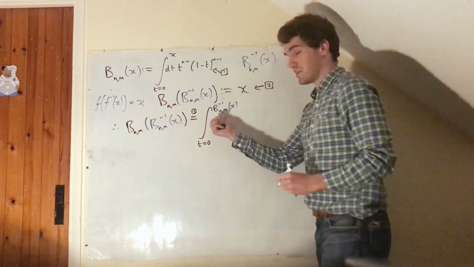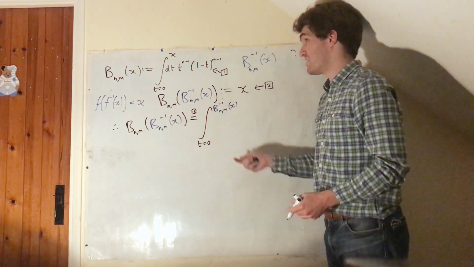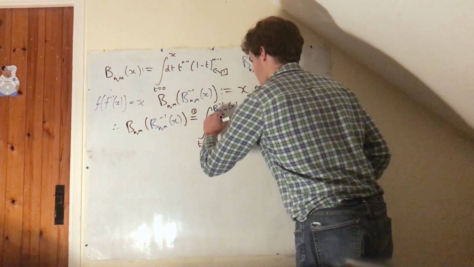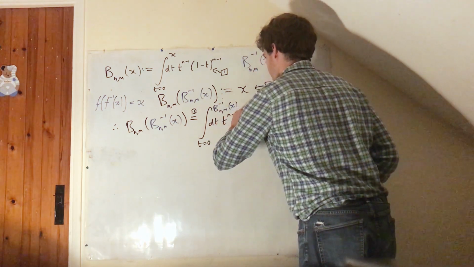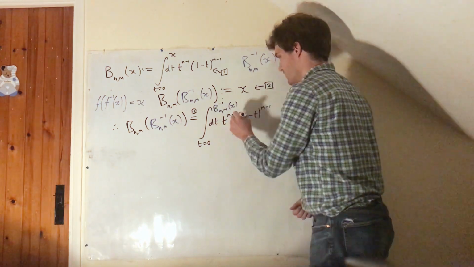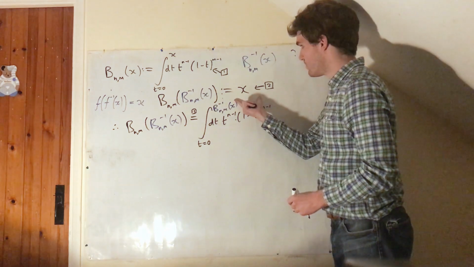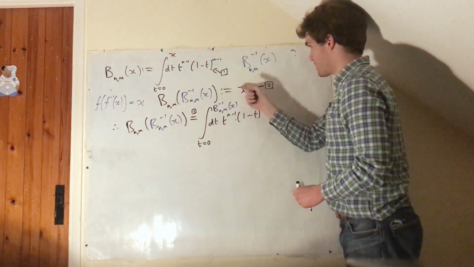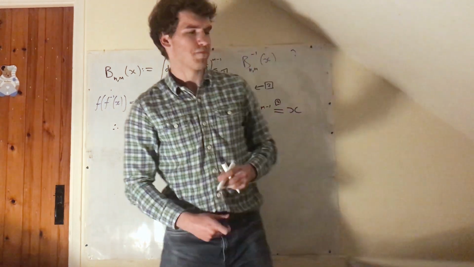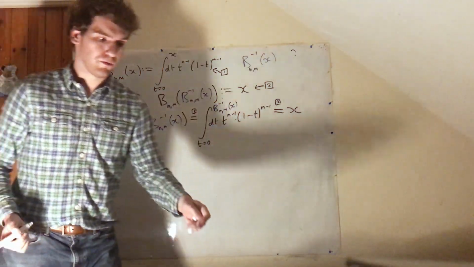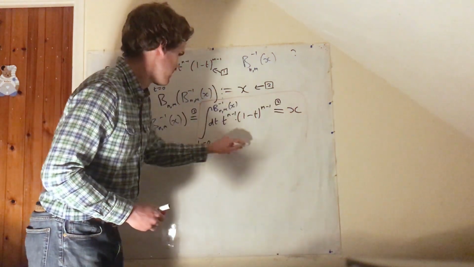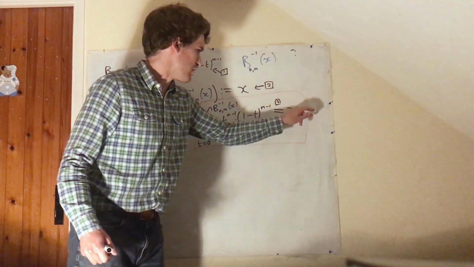So this inverse incomplete beta function is now in the limit of the integral, and that will be dt of t to the n minus 1, 1 minus t to the m minus 1. Okay, and by equation 2, this thing is going to be equal to x. Okay, so we've now got our defining formula for the inverse incomplete beta function. Okay, and I'm going to call this equation 3.